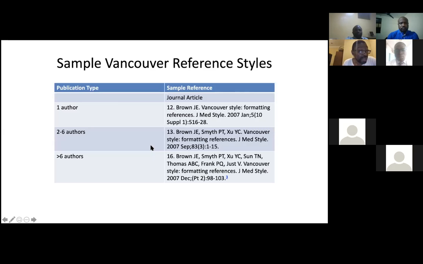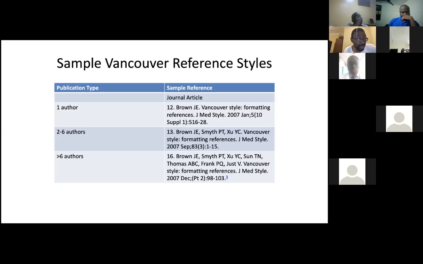So I provide here some sample Vancouver reference styles depending on the publication type. For example, the publication type here is journal article. And these are various formats of journal article referencing depending on the number of authors. If it's one author, it has some particular referencing format. Between 2 to 6 authors, you typically want to cite all the authors.